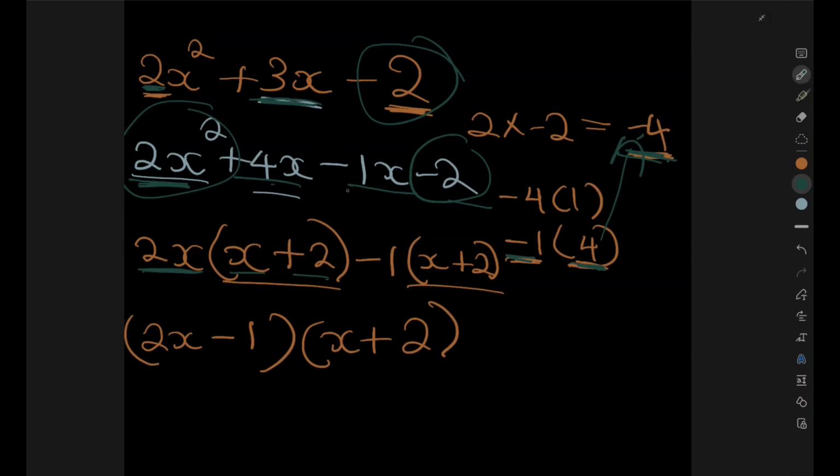With the minus 1x and minus 2, we have a common factor, which is negative 1, and what we have remaining is x plus 2. So 2x and minus 1 have a common factor, which is x plus 2, what's inside the bracket. And we can rewrite that as 2x minus 1 and x plus 2.